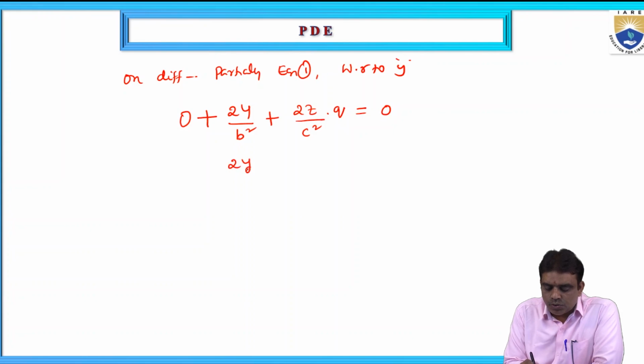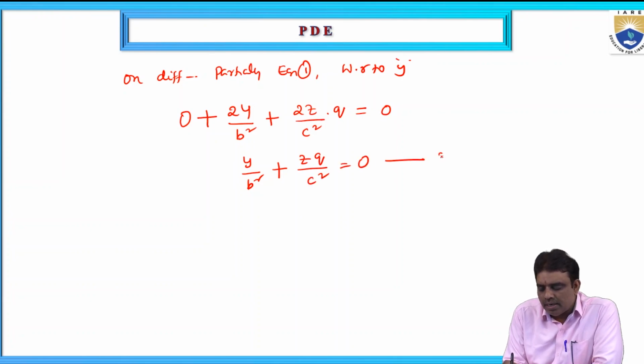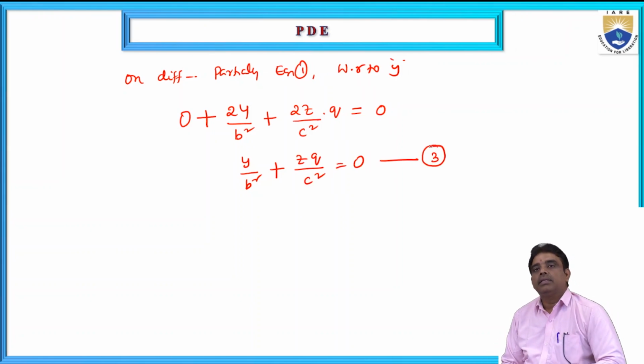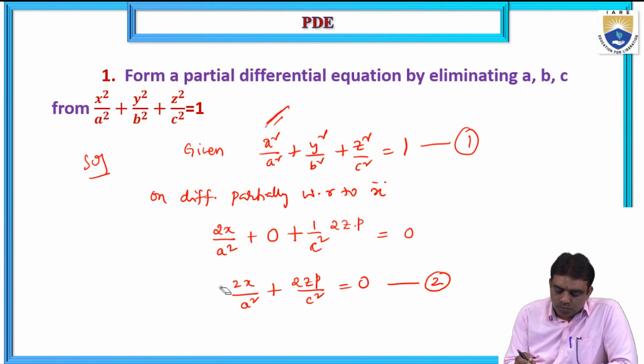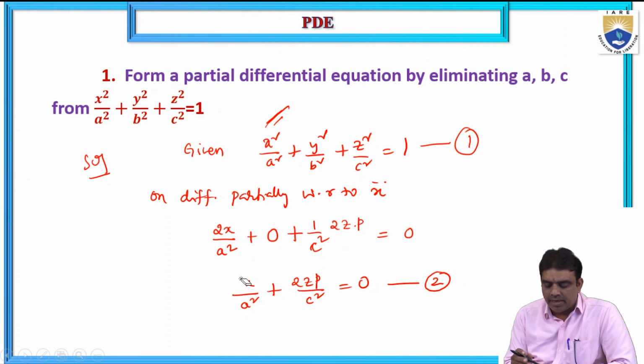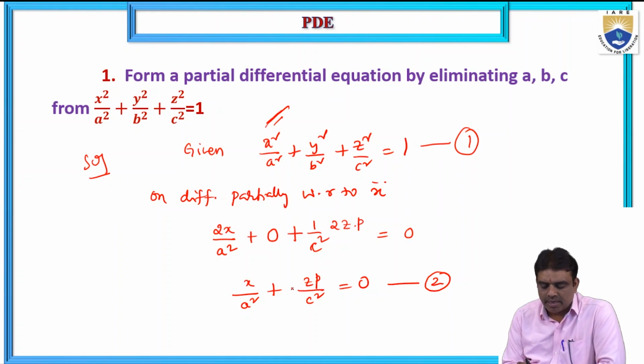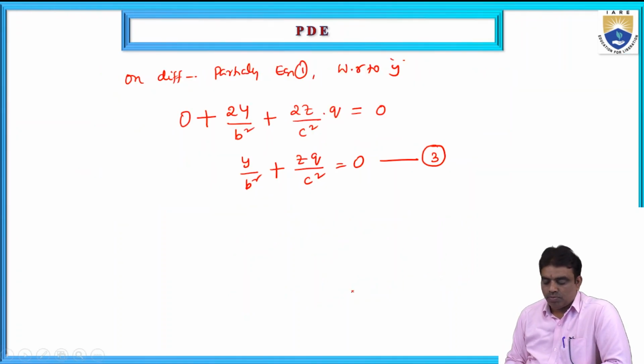You can cancel 2 also. So the equation will be y by b square plus zq by c square is equal to 0, and call this equation number 3. Here also in equation 2 we can cancel 2, so you will get x by a square plus zp by c square is equal to 0.